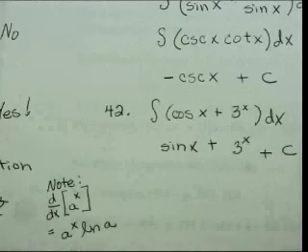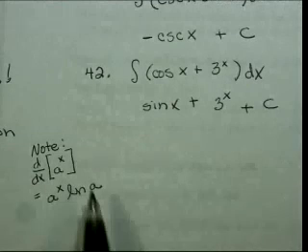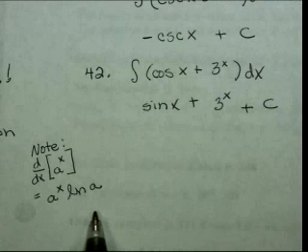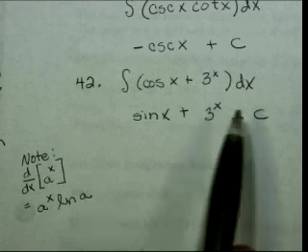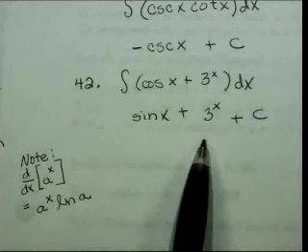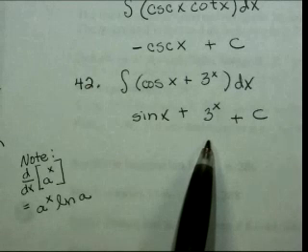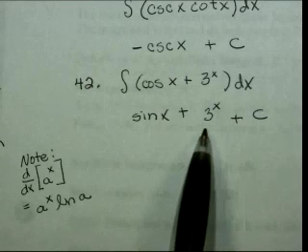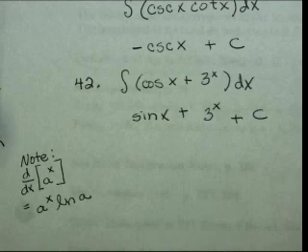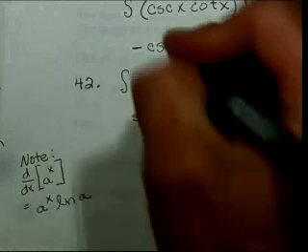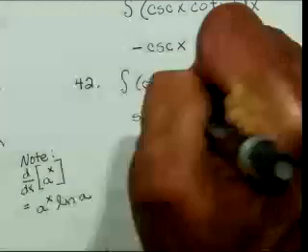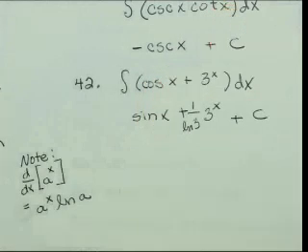When you differentiate a to the x, you have to multiply by the natural log of a. So when you anti-differentiate 3 to the x, what are you going to have to do? Divide by the natural log of 3. You could either put 3 to the x over natural log of 3, or you could say the whole thing's multiplied by 1 over natural log of 3.